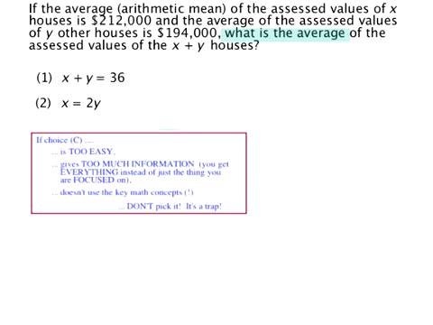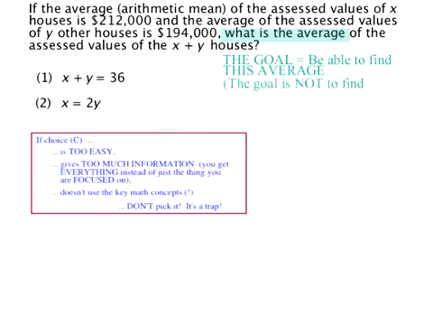Okay, so the goal here is to be able to find this average. Notice equally importantly that the goal is not to find X and Y individually. The goal is that average.